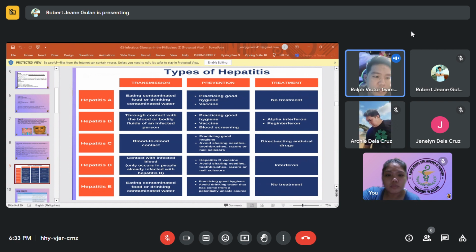So what is alpha interferon? Alpha interferon is a cytokine produced by the innate immune system as a response to environmental exposure, including viral infections.